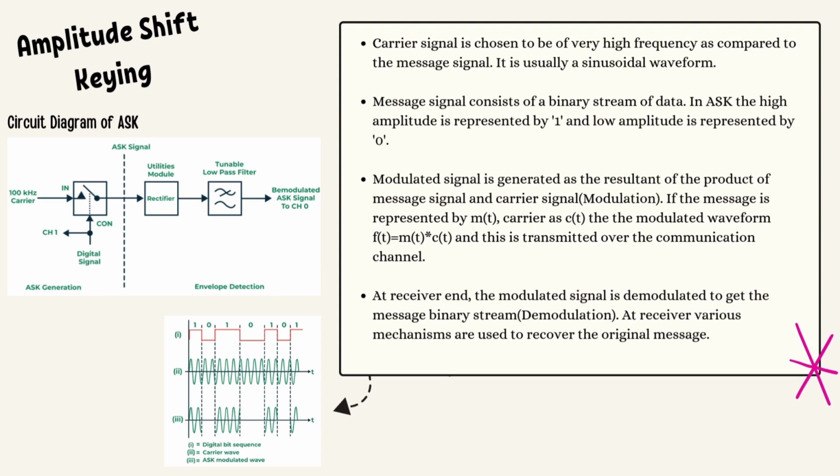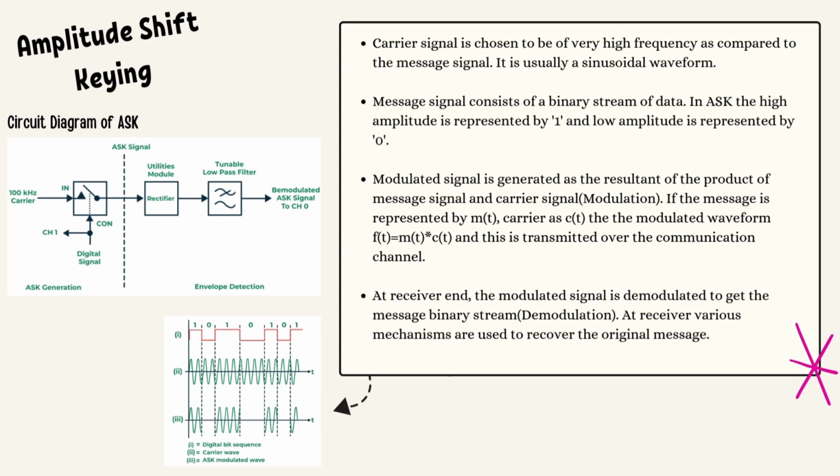If the message signal is represented by M(t) and the carrier signal by C(t), the modulated waveform F(t) is equal to M(t) times C(t), and this is transmitted over the communication channel.